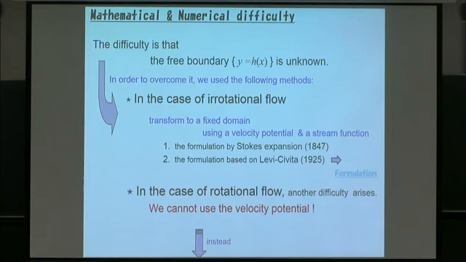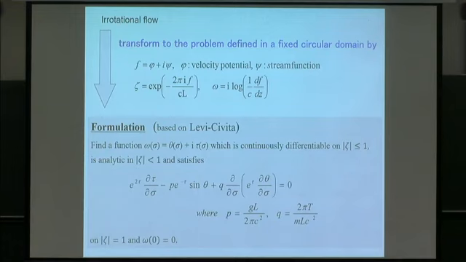In the case of irrotational flow, we used these two methods. In both methods, using a velocity potential and a stream function, it can be transformed to a fixed domain, with a formulation based on Levi-Civita. We put f equals phi plus i psi. Here, phi is a velocity potential and psi is a stream function.